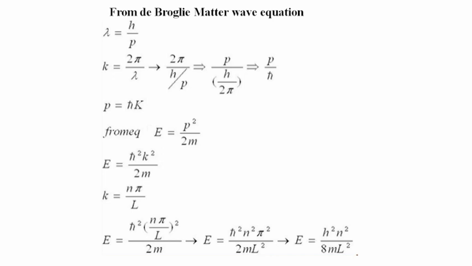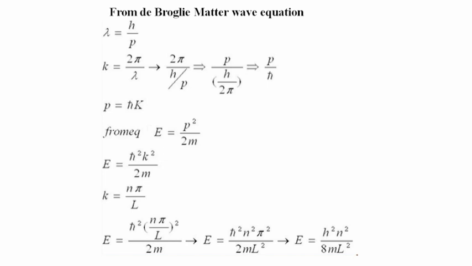So E is equal to h cut square k square by 2m, and the wave vector k is equal to n pi by l. Using the 1D potential well, all of you know that sine kl is equal to sine n pi, so k is equal to n pi by l. l is the direct lattice vector and k is the reciprocal lattice vector or wave vector.